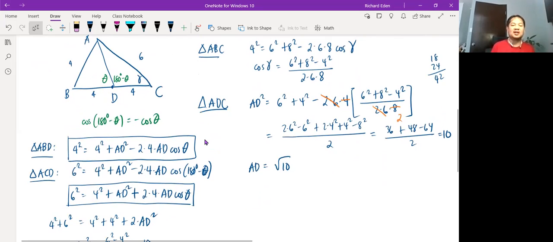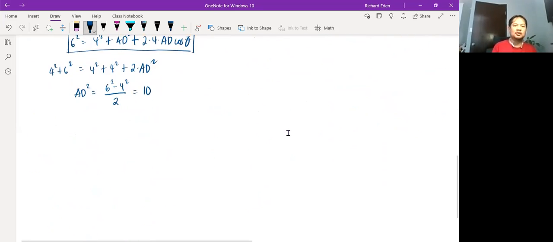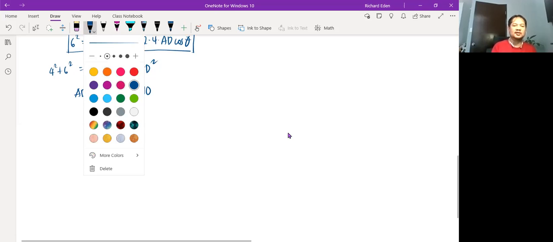They have different angles, but it's okay because as far as the cosine law is concerned, it's the fact that their cosines are negatives of each other which allowed us to simplify the situation.